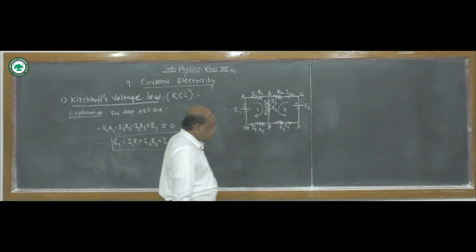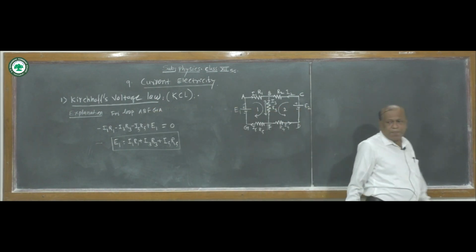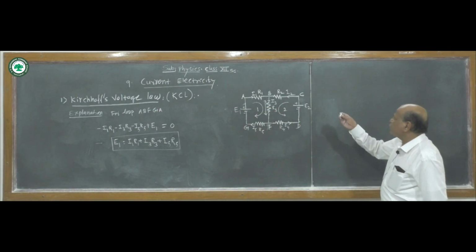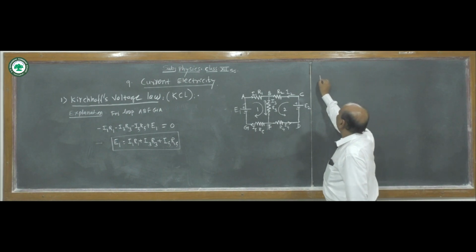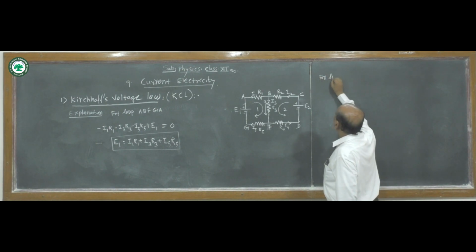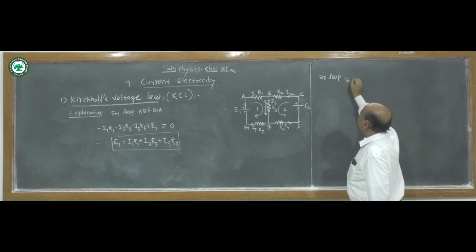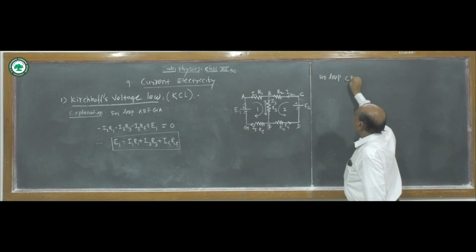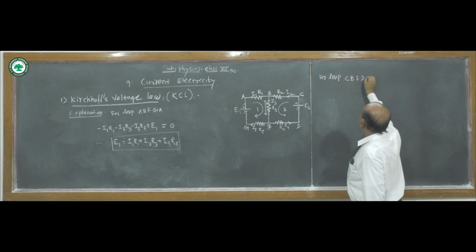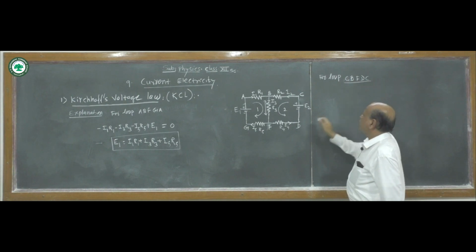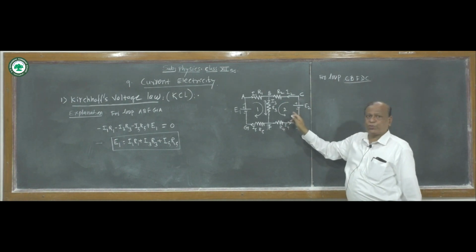Now we also apply Kirchhoff's law for loop C, B, F, D, C, that is loop 2.